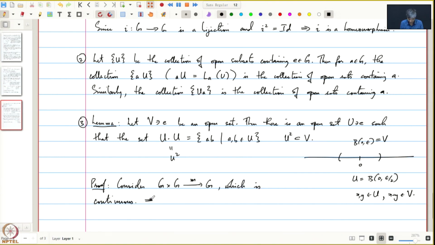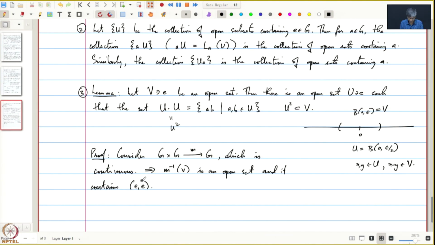Right. So this implies that the inverse image of V is an open subset and it contains this element, right? In particular, there is a basic open subset which contains this element and it is contained in M inverse V. So this implies there exists U1 containing E and U2 containing E such that U1 cross U2 is contained in M inverse V. Right?